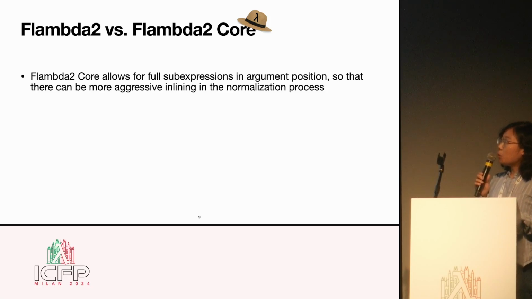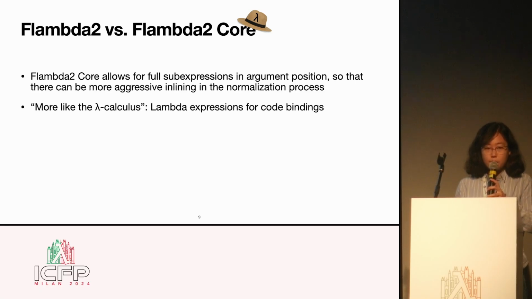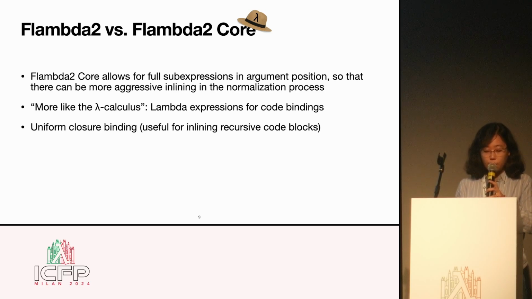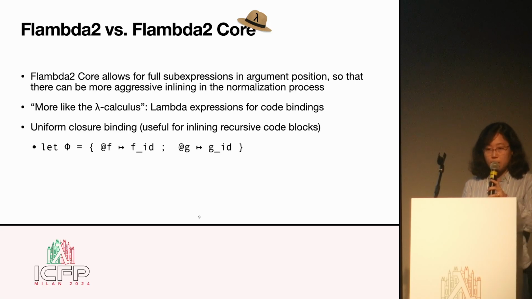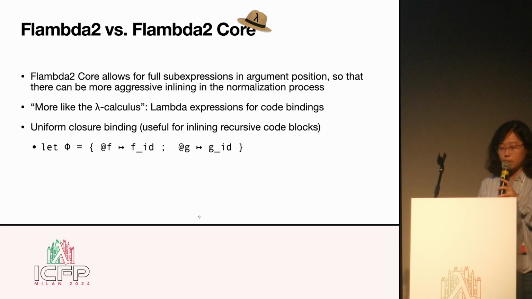So Flambda2 core allows for full sub-expressions in argument position so that there can be more aggressive inlining in the normalization process. It's more like the lambda calculus in that there are more uniform representations of lambda terms. We have uniform closure bindings. So there are closure bindings in Flambda2, which represent non-recursive and recursive closures.